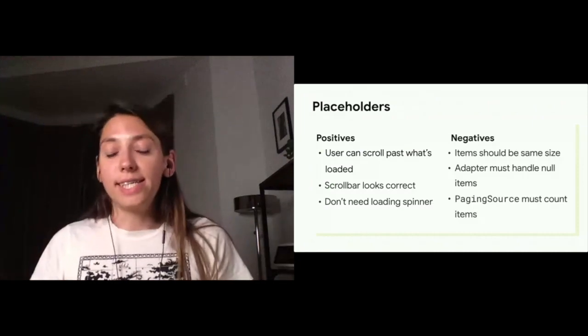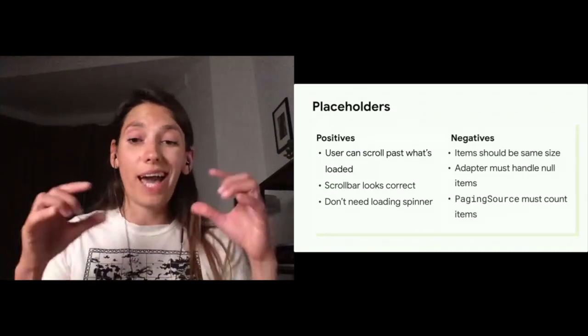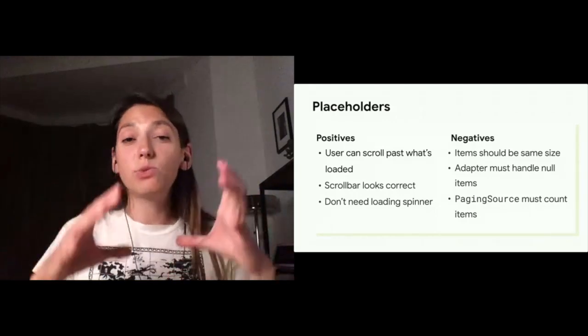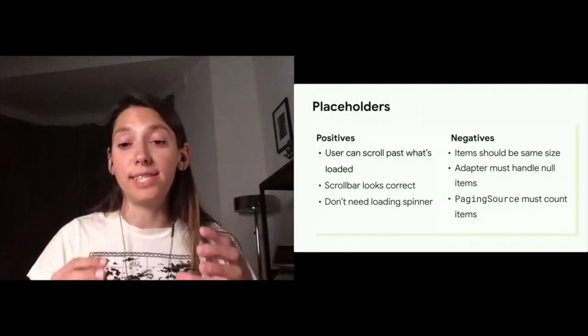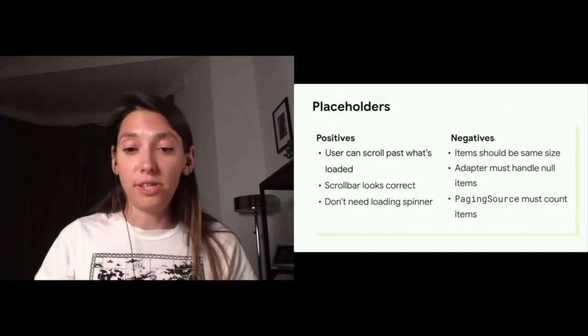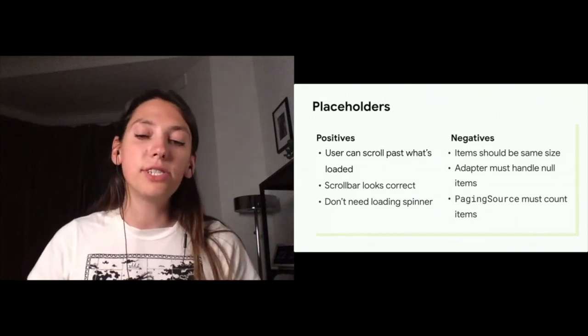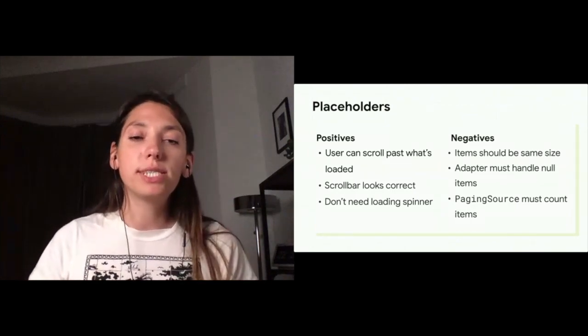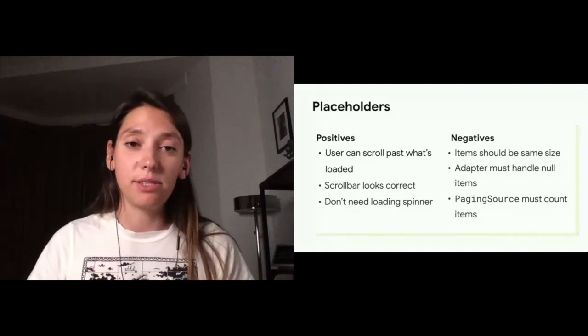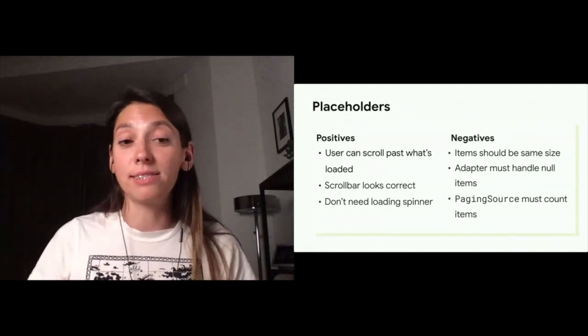But on the other side, the problem with placeholders is that items should have the same size, so this wouldn't support items that have different sizes. And your adapter needs to know how to handle null items. And I think the most important one is that placeholders only fit paging sources that can count items. So if you have an infinite scrolling list, this isn't really possible.